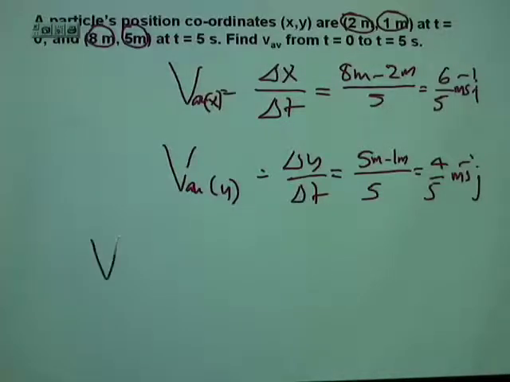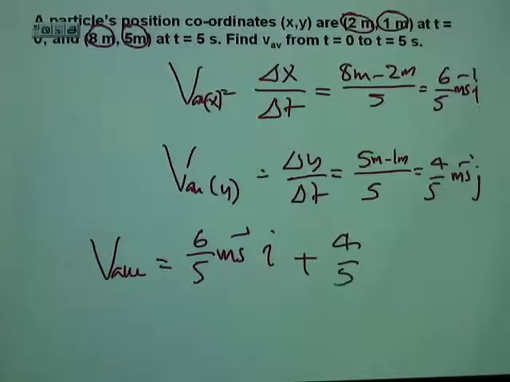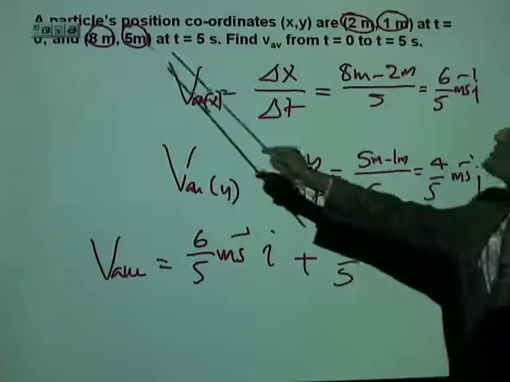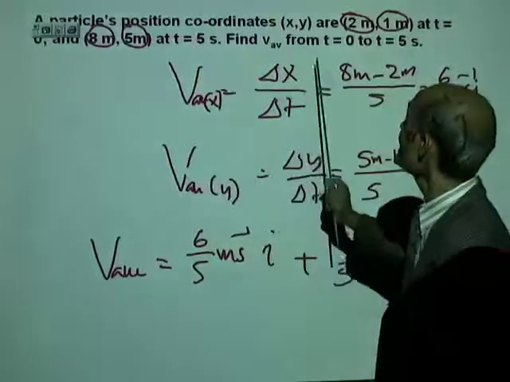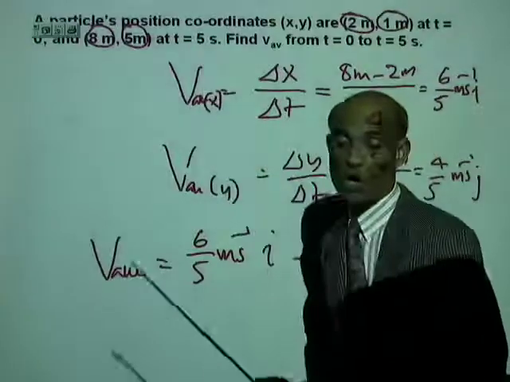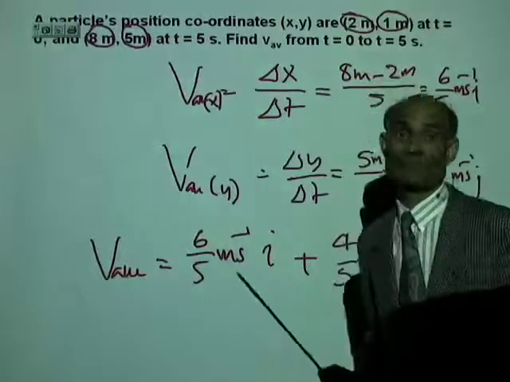I can write it as V average equal to 6/5 meter per second i plus 4/5 meter per second j. That is the average velocity of this particle during that time interval of 5 seconds.